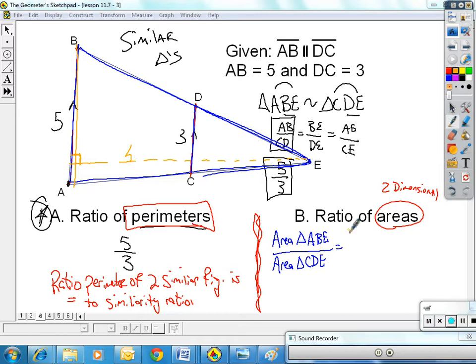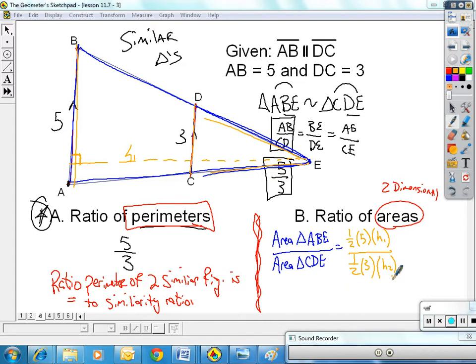So it's going to be 1/2 times 5, the base, times height 1. I'm going to call it height 1. The next one is 1/2. The base is 3, times height 2.